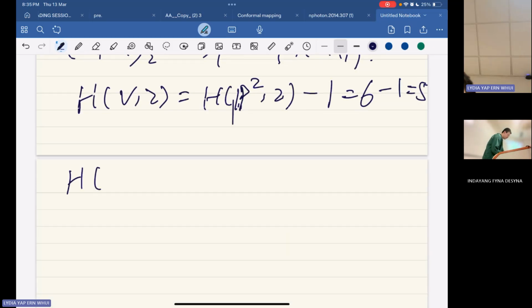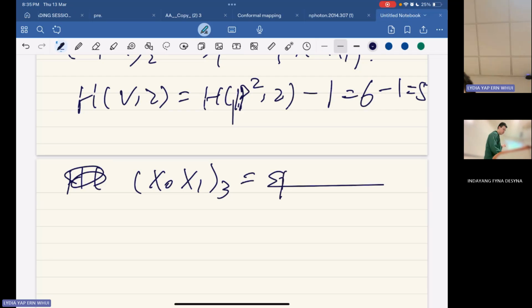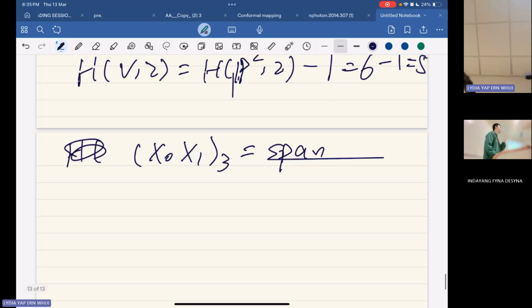And if we compute another one, maybe in grade 3, we can see what the monomials or homogeneous polynomials of degree 3 in this ideal are. We can see that this is spanned by 3 things, right? Because x0 x1 already has degree 2, we can just add another factor. And how to add it, we have 3 choices, right? Times x0, times x1, and times x2.